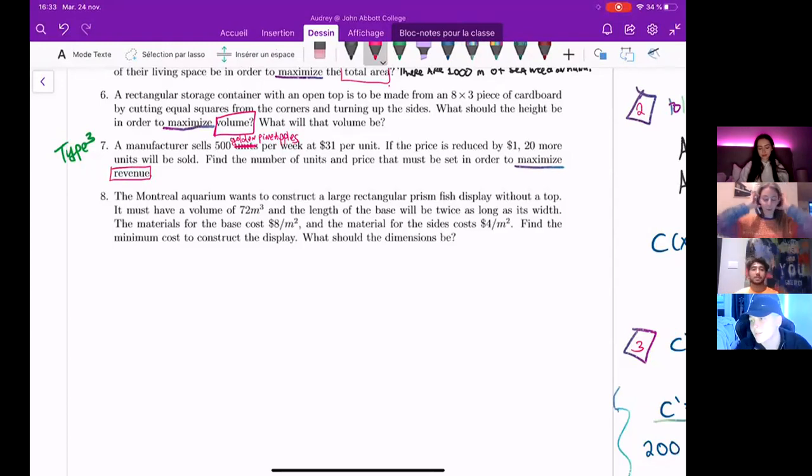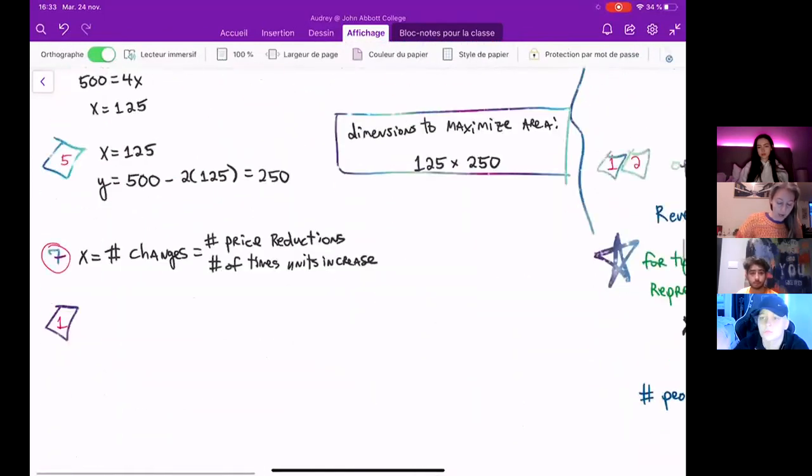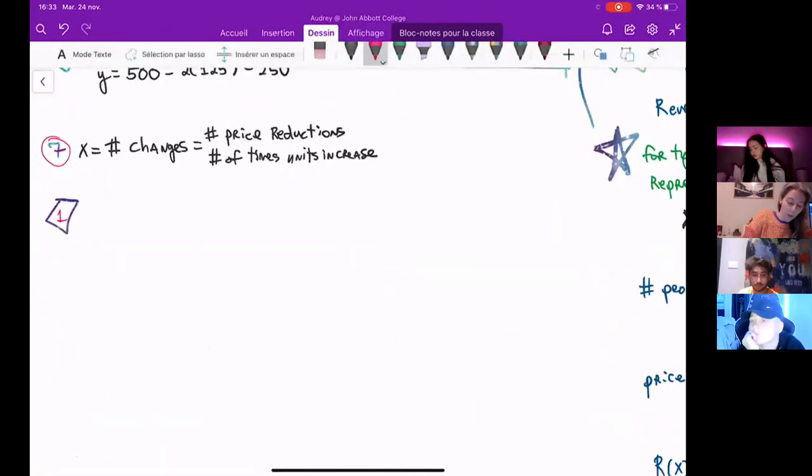Okay, so we want to maximize revenue. So that means we're going to write down our revenue function. Revenue in this case is golden pineapples times price per golden pineapple. So we're going to write that down. And in this question, we said that 1 and 2 are done at the same time.